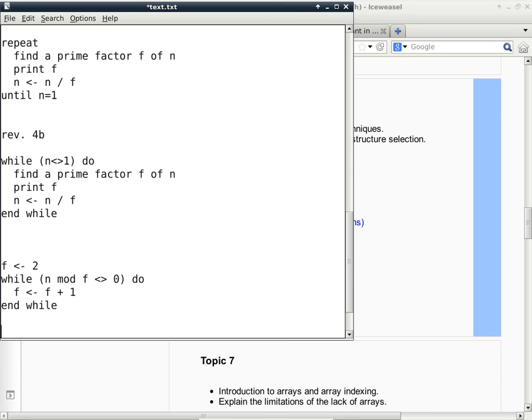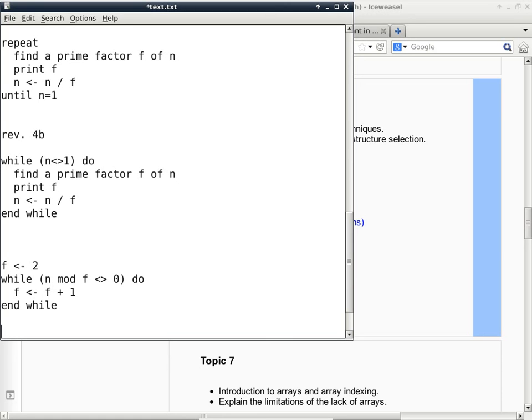What is 1 mod 3? The remainder of 1 divided by 3 is 1 again, so I stay in the loop. F becomes 4. 1 mod 4 is 1. 1 mod 5 is 1. 1 mod anything other than 1 is 1. So this loop will never exit. We'll be stuck in this loop.